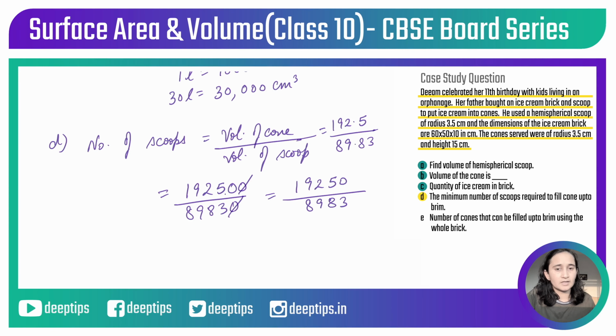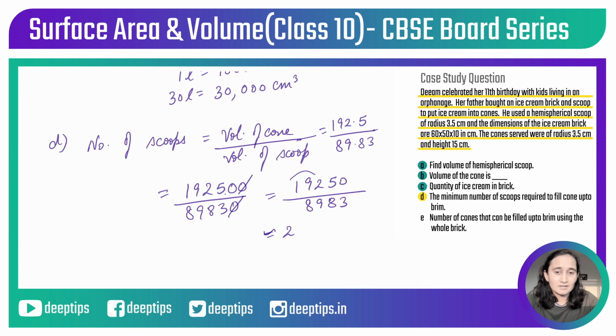And if I go by the table of 9, I know 9 2s are 18 and 9 3s are 27. So definitely 3 scoops is not the right answer because I have 19 here, right? 19,250. So if I say 9,000 into 2, I get 18,000. 9,000 into 3, I get 27,000. So my answer is very, very close to 2 point something. So when you see this option 2 in the paper, just tick it.